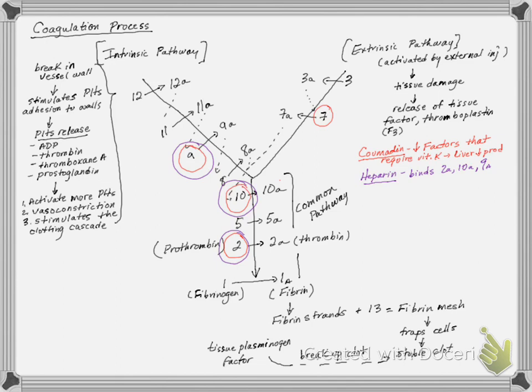So when we're doing lab work and we're trying to see how well our intrinsic pathway is working, we use an activated partial thromboplastin time, which is a PTT.